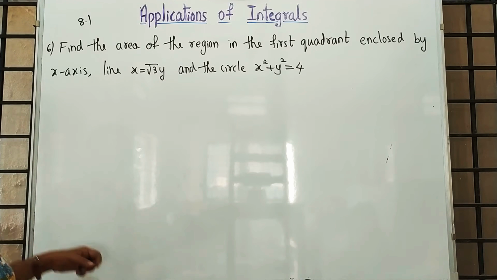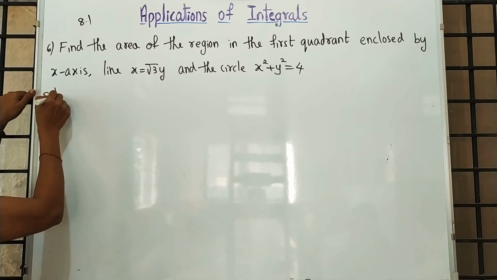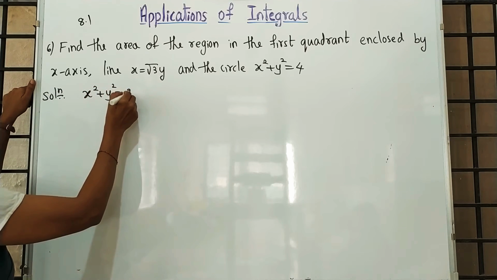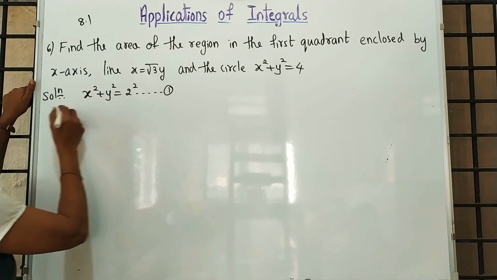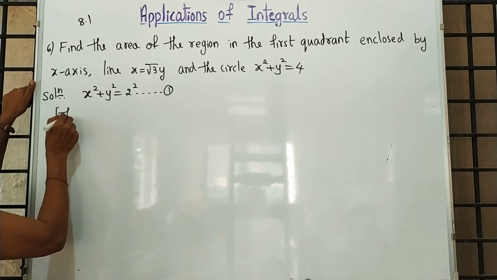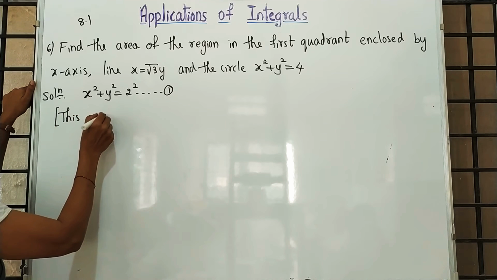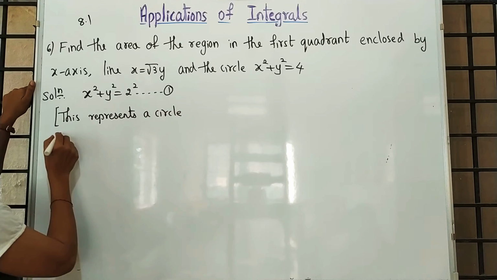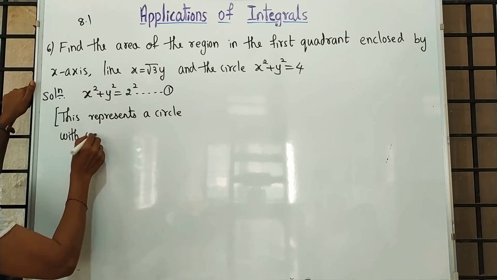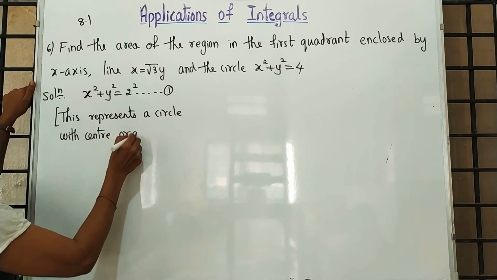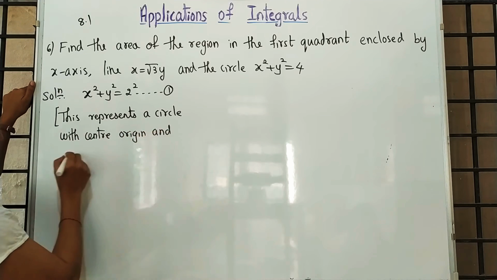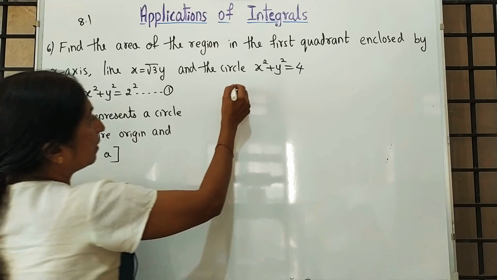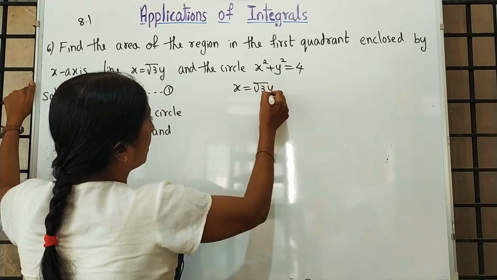See, if you are familiar with all the analytical geometry figures, it is very easy to write. See here, x square plus y square is equal to 4 means it is 2 square. For your information, I am writing this represents a circle with center origin and radius a. Then x is equal to root 3 y, equation 2.